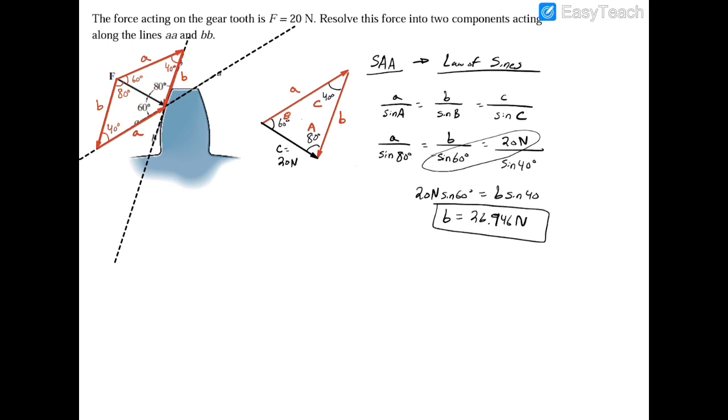And then likewise, you can cross multiply for A, and you'll have that A sine 40 equals 20 newtons times sine 80. And if you divide both sides by sine 40, you'll isolate that A equals 30.642 newtons.